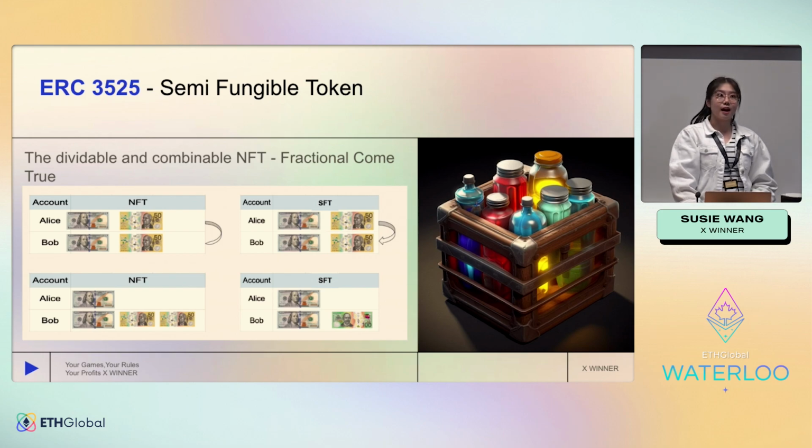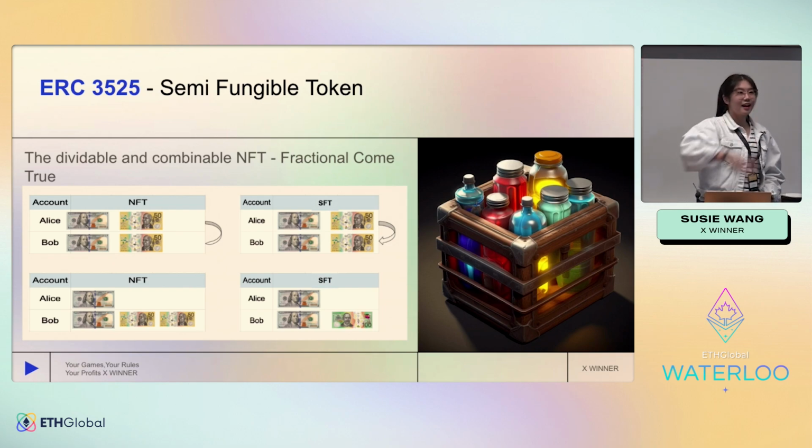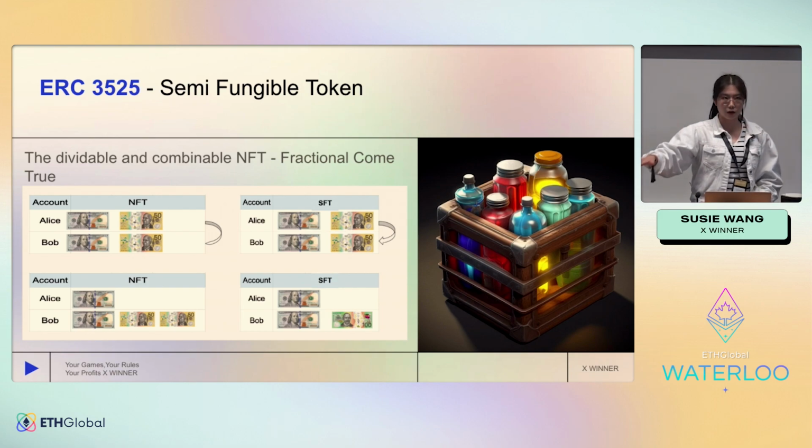Another example I want to give you is this: I am a digital artist making a masterpiece, for example the Mona Lisa over here. If I want to sell it right now, I'm probably going to deploy an ERC721 token and sell it as an NFT. But with the help of ERC3525, I can fractionalize it into different fractions and distribute or sell it to everyone in this panel room today.